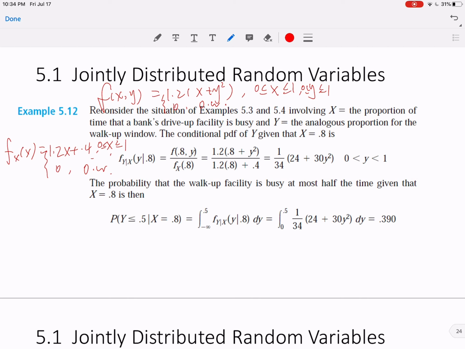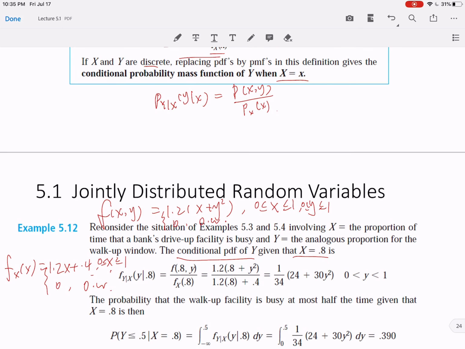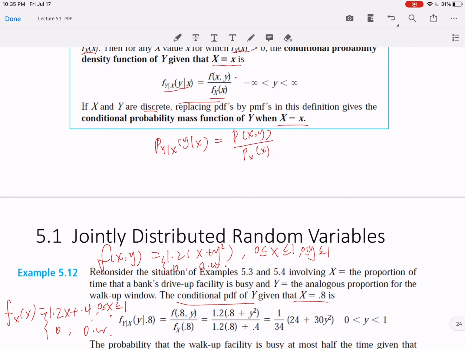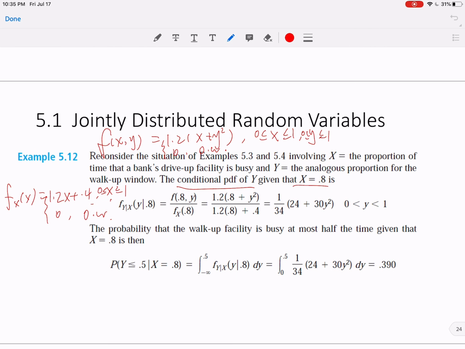With those two things given, let's see how to find the conditional PDF of y given x is equal to 0.8. It's just like plug and play. Based on what we just went over, f of y given x is equal to f of x, y divided by the marginal PDF of x.